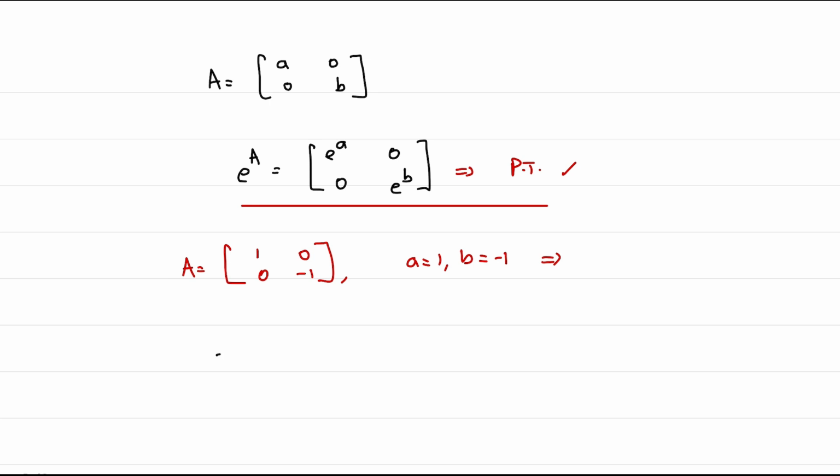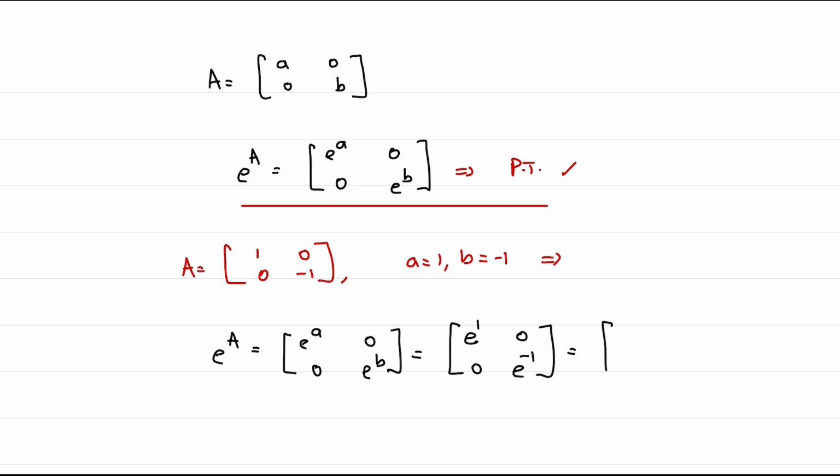That implies, from this, what we have done: e to the power of A is equal to e to the power of a 0 0 e to the power of b, that is equal to e to the power of 1, 0, 0, e to the power of minus 1. This is nothing but e 0 0 e to the power of minus 1.